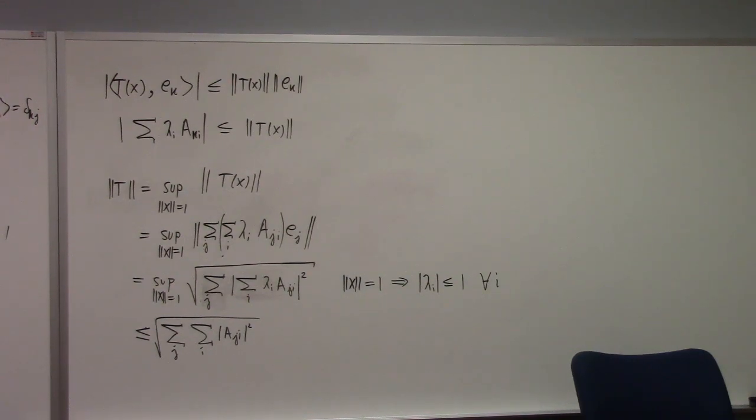I'll write that down. If you have bounded operators A and B and you compose them, then the norm of AB is less than or equal to the product of their norms. Here AB is the composition of operators. That's how we multiply operators.